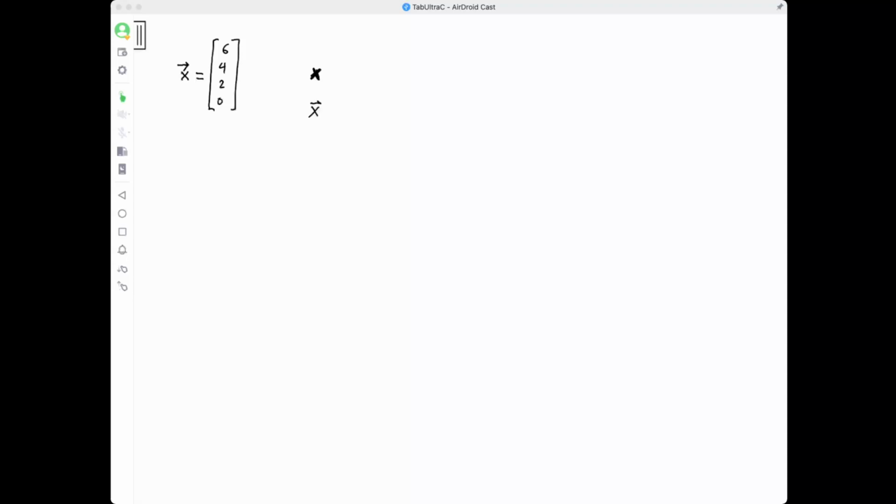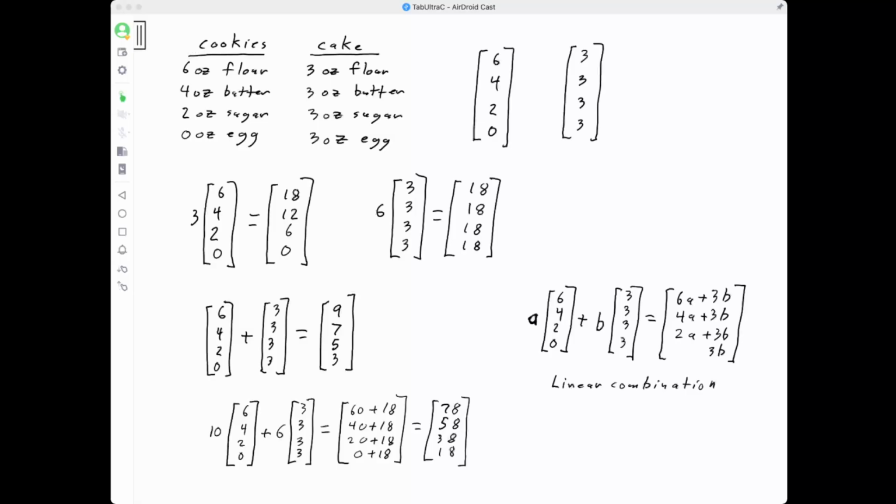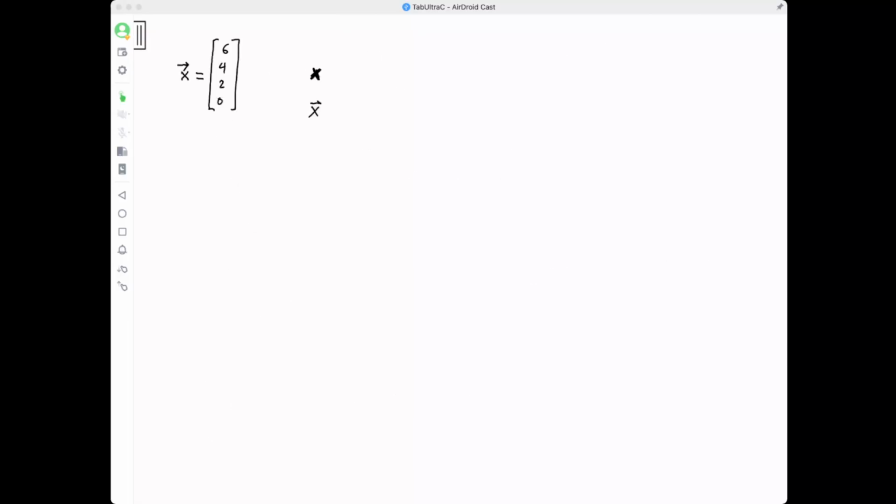So we have this idea of these vectors, and we can build a vector equation. This is an example of a vector equation. And if I know how many ingredients I have, I can turn that vector equation, that linear combination form, into a problem to solve.